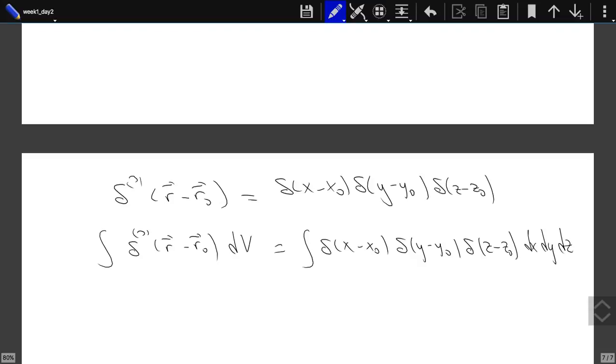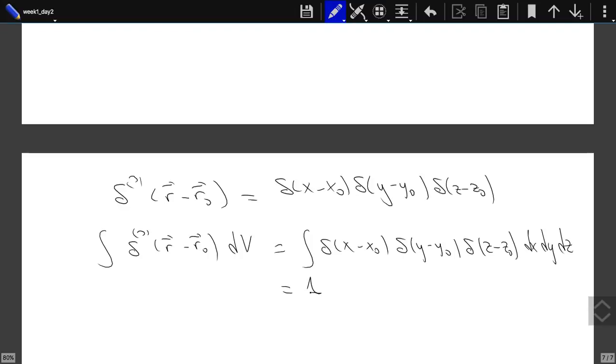Well, the x integral just gives you 1, the y integral gives you 1, the z integral gives you 1. So it is just 1. And this is what we expect from the 3-dimensional Dirac delta. Definition, normalization. It will represent the charge density of a unit charge.